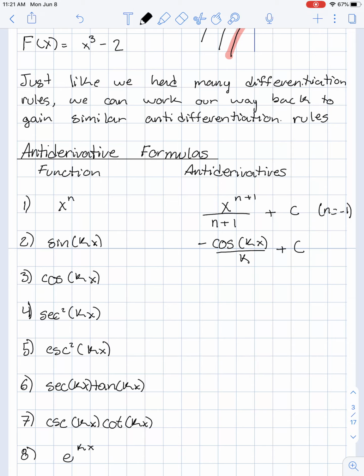Right? So cosine, its antiderivative we saw earlier, is sine kx divided by k plus c. Secant squared of kx is the derivative of tangent, so its antiderivative is tangent.